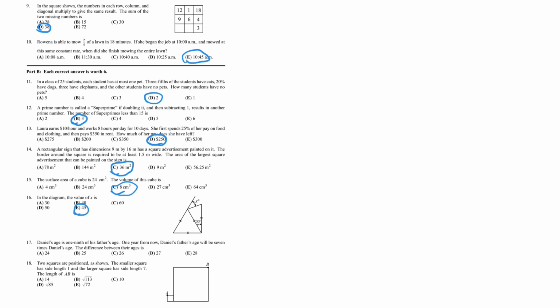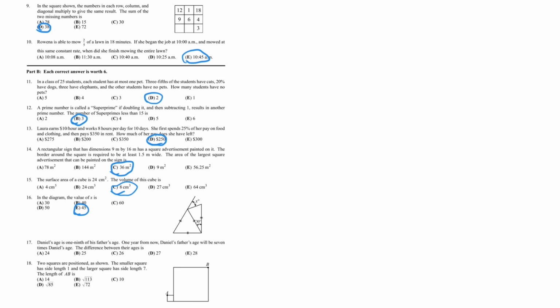Number 17. Daniel's age is 1/9 of his father's age. 1 year from now, Daniel's father's age will be 7 times Daniel's age. The difference between their ages is?